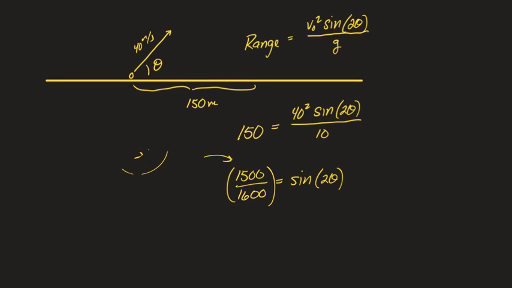Next, and I think this is pretty important, you're going to get an answer for this. You're going to do 1,500 divided by 1,600. You're going to get, what, 0.9375?